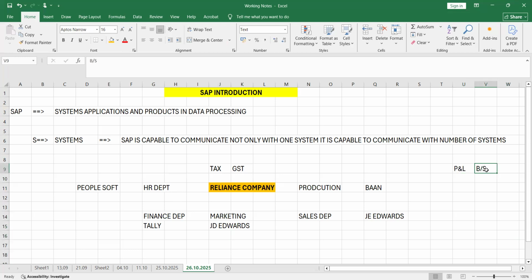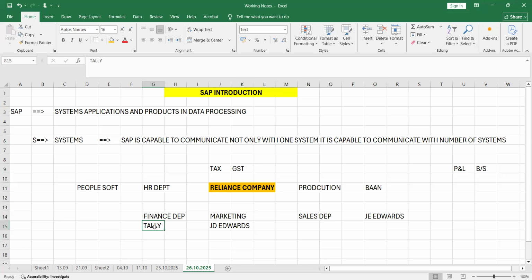But here, HR department data is saved in PeopleSoft, tax department data is saved in GST software, production department data is saved in BAN, a different software, sales and marketing department data is saved in JD Edwards, and finance department data is saved in Tally.